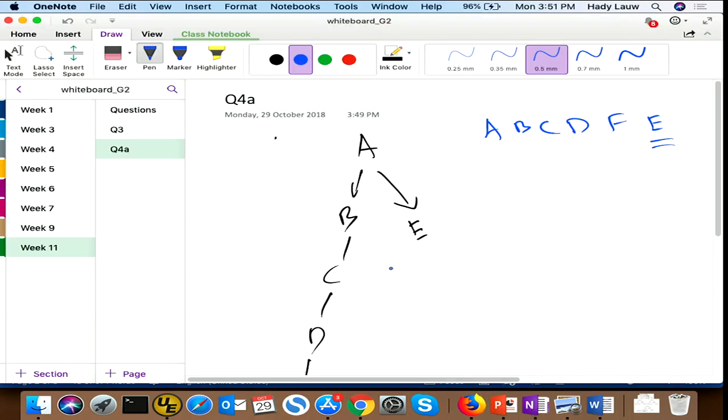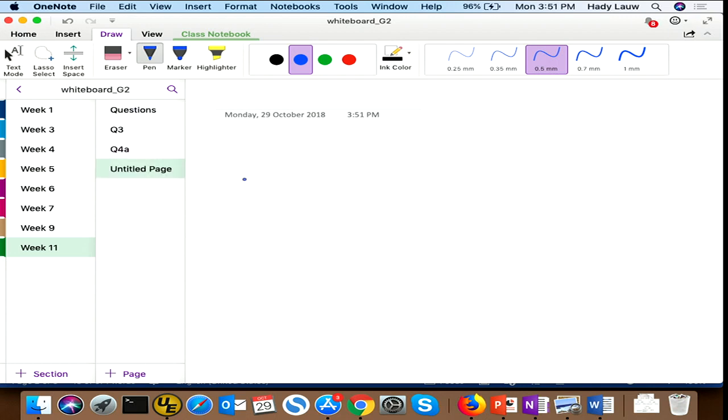One way to do that is to try to visualize it. So let's try to do that. In this case, what we're going to do is to draw the graph.